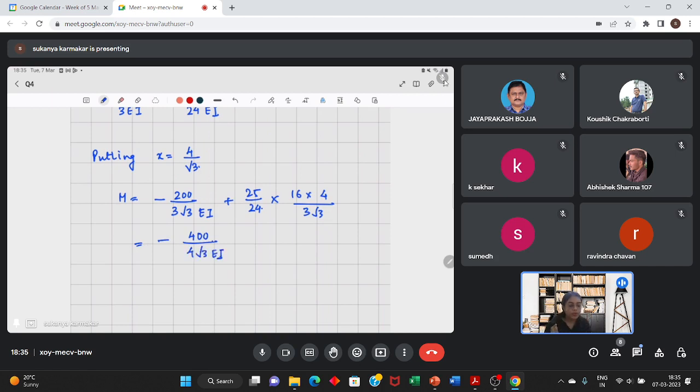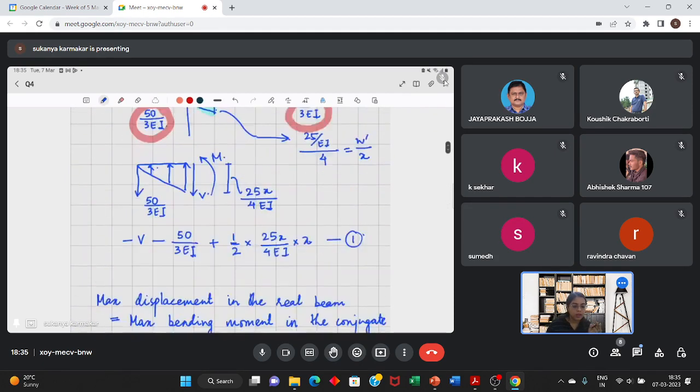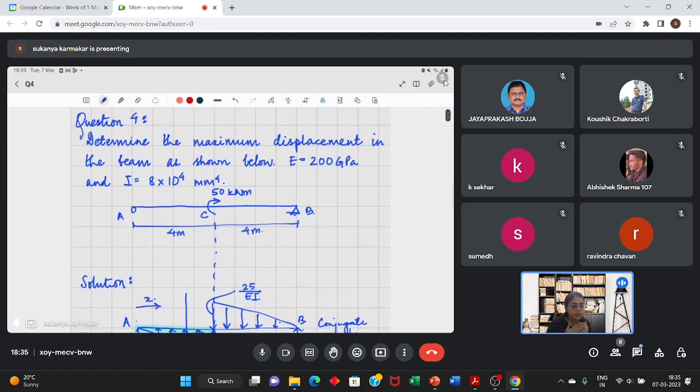And what does this negative sign mean? This negative sign means that the maximum deflection will be in the downward direction. And this bending moment equation which we derived is applicable in this part.